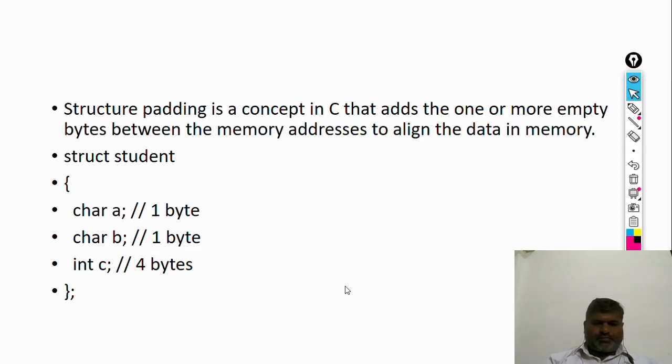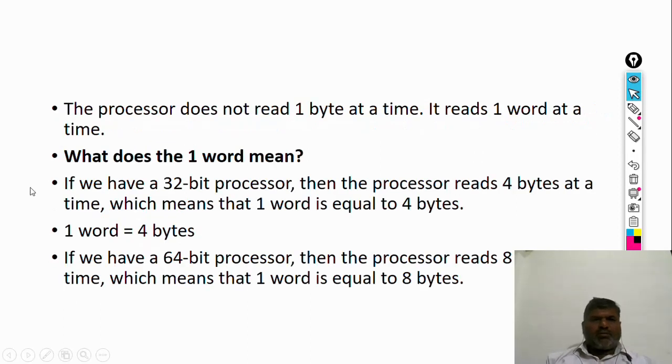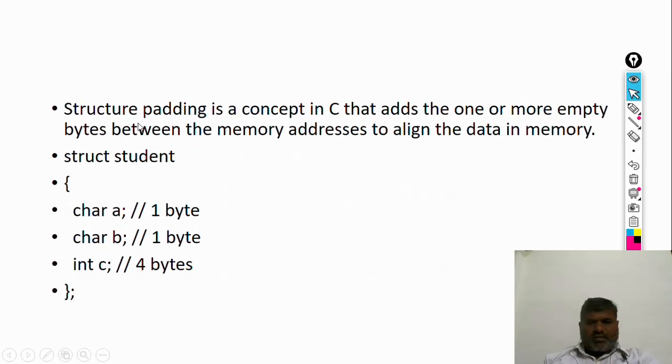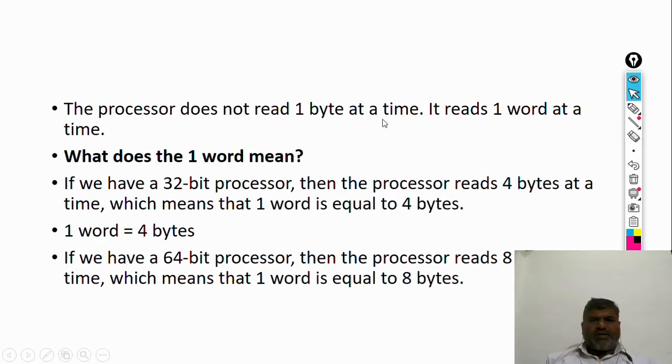Now what happens here is the processor does not read 1 byte at a time. It reads 1 word at a time. So in C, the processor will read 1 word at a time. What is the meaning of 1 word?